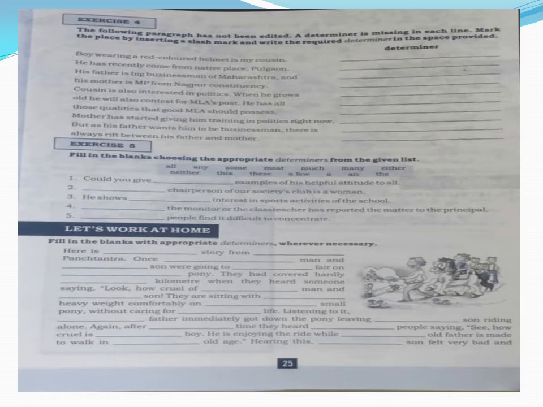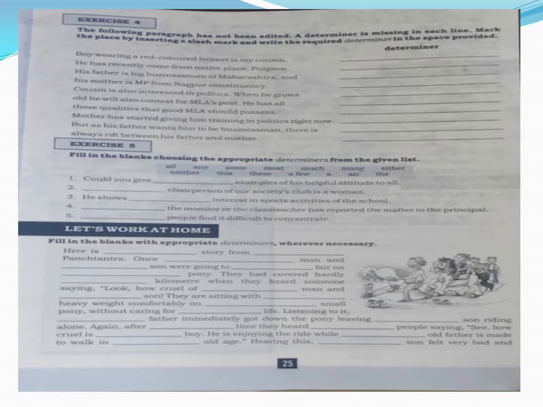Could you give a few examples of his helpful attitude to all? Okay, so all the options are given. So this exercise I want to give you. Try to find out the proper word from the box and then fill it, and then you check also whether you are correct or incorrect. तो आपको ये check करना है और completely आपको ये exercise सारी करनी है on the basis of what we have explained in the previous video.